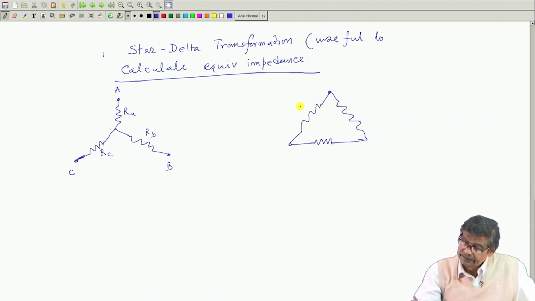I say that this is R 1, this is R 2 and this is R 3, and these 3 points remain the same.